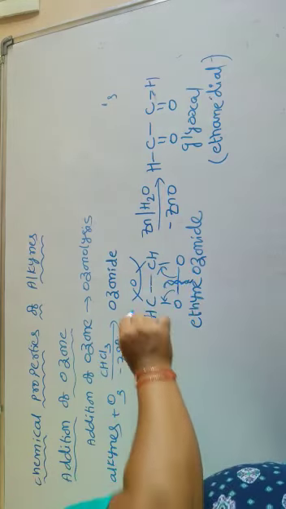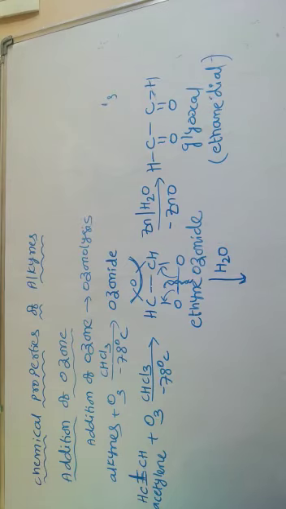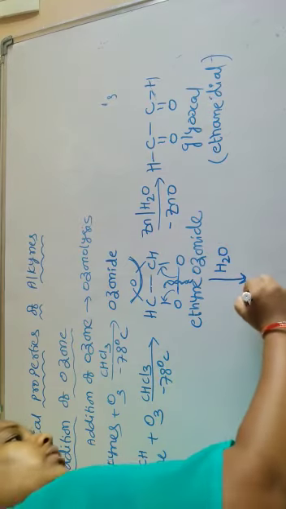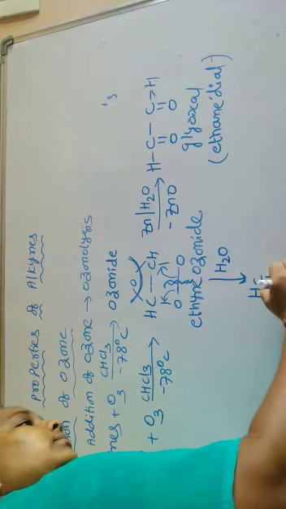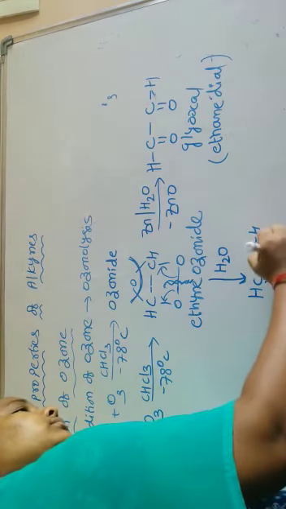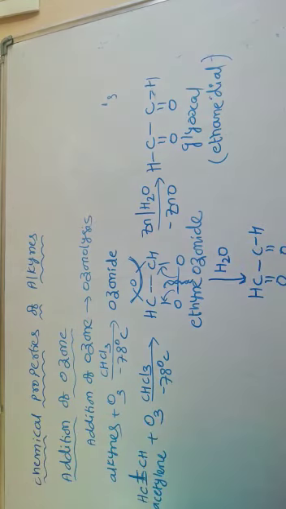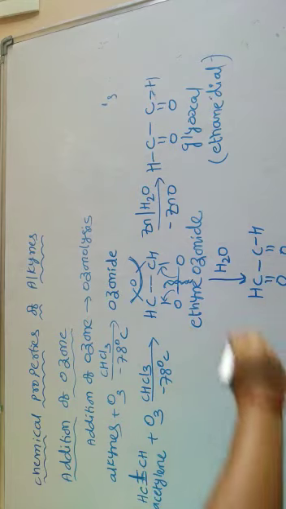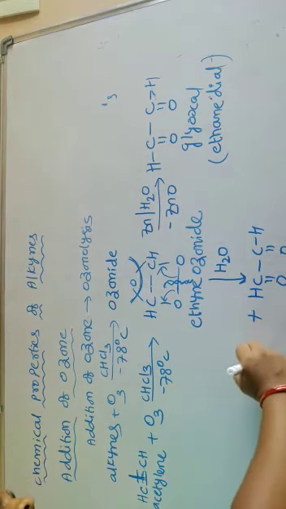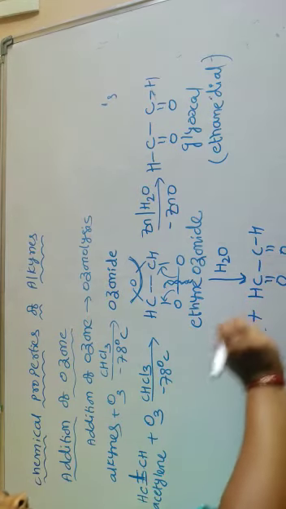And next, ethyne ozonoid on oxidative cleavage, that is in the presence of water. The oxidizing agent is water. So in the presence of H2O, it also initially forms the glyoxal plus H2O2.